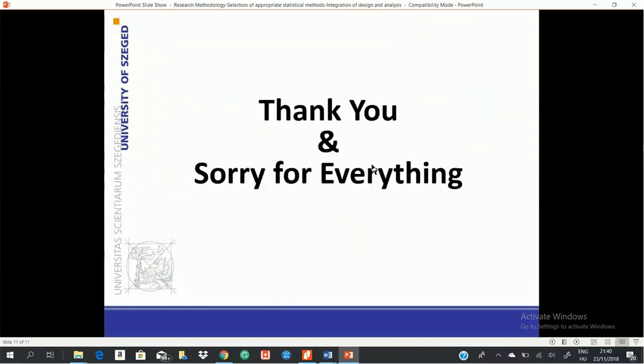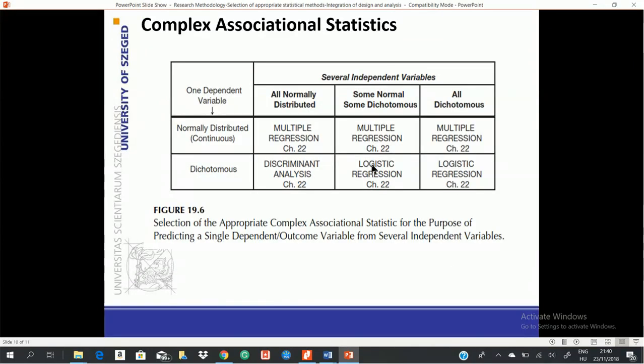Okay, I think it's the last figure. It's figure 19.6. It's the complex associational statistic. You have one dependent variable and several independent variables. They are normally distributed, continuous, and dichotomous.